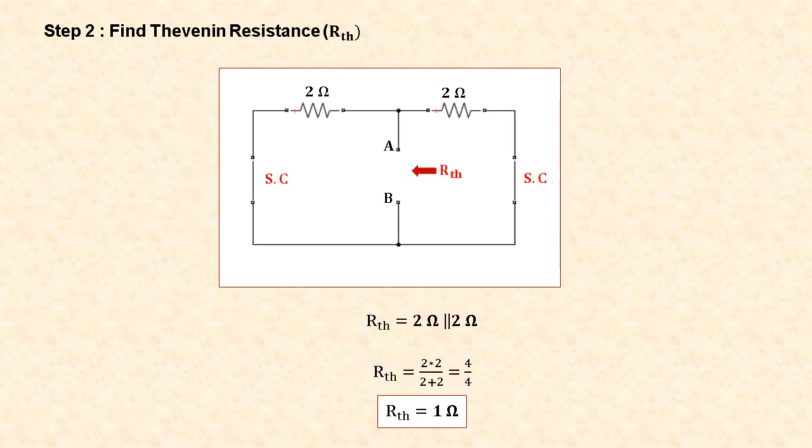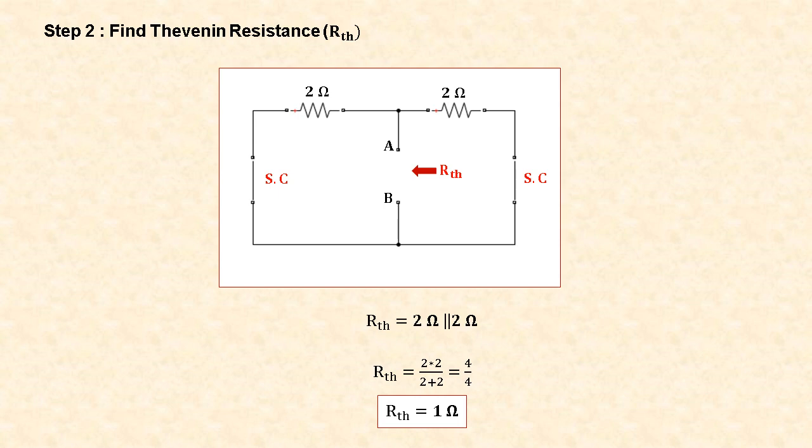Next step is to find the Thevenin resistance. For that we short circuit the voltage sources, and the Thevenin's resistance is the equivalent resistance across the terminals A and B. Here the equivalent resistance is nothing but the 2 ohm resistors, both in parallel. So RTH is equal to 2 ohm parallel 2 ohm.